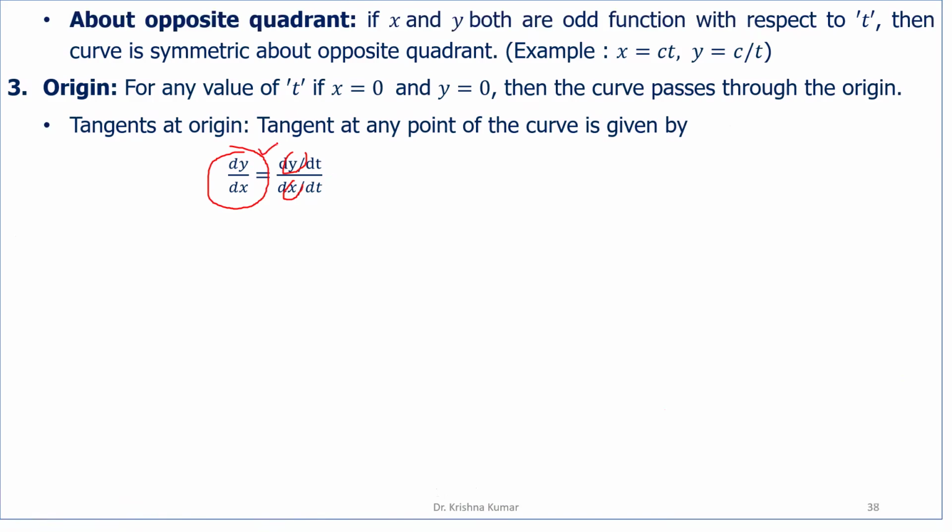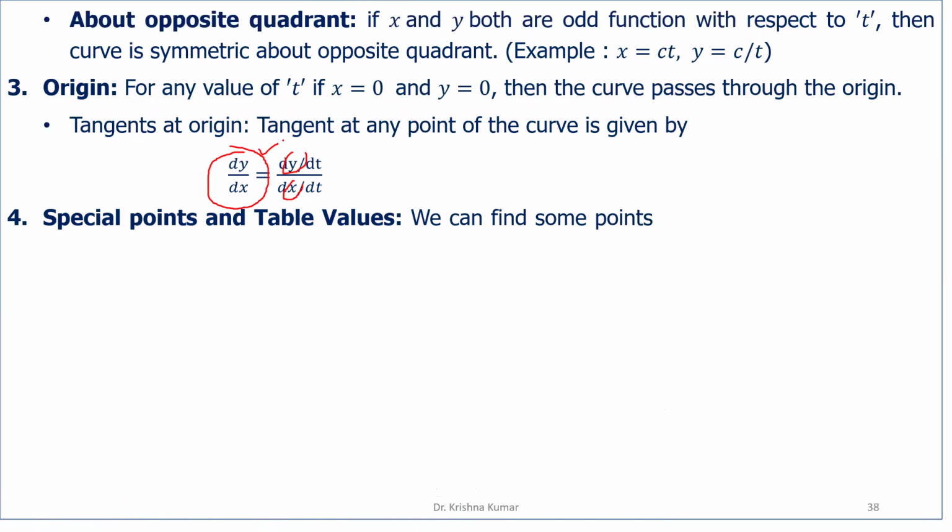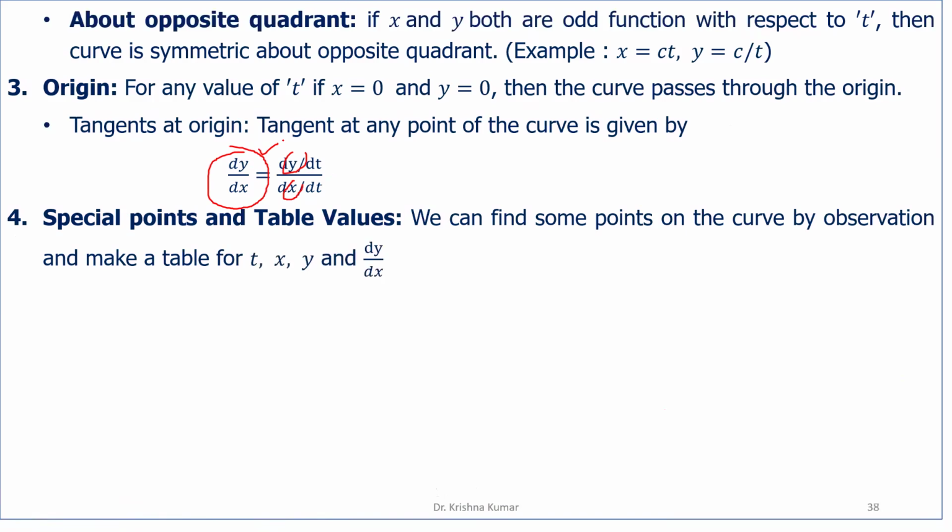This is nothing but the tangent at any point of the given curve. Then we also check whether there is any special point, and we try to find it. We also calculate the table values.